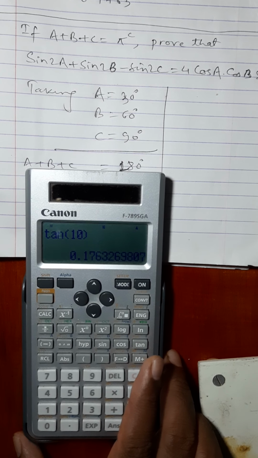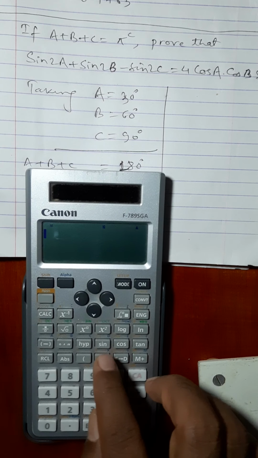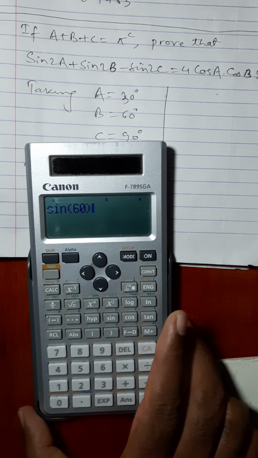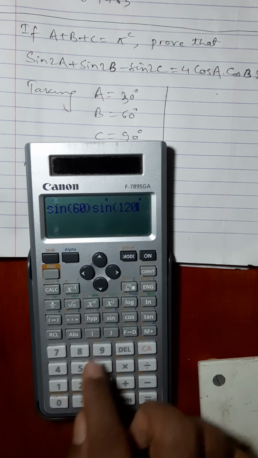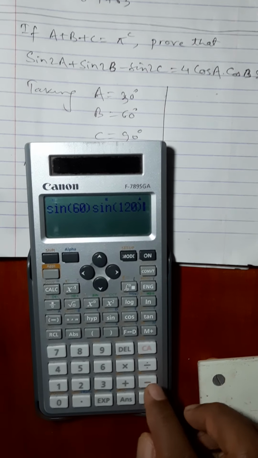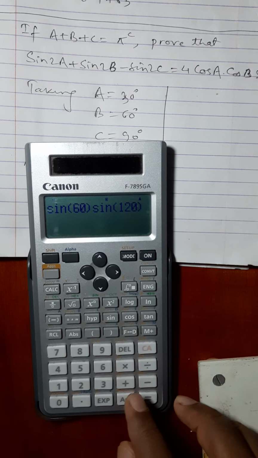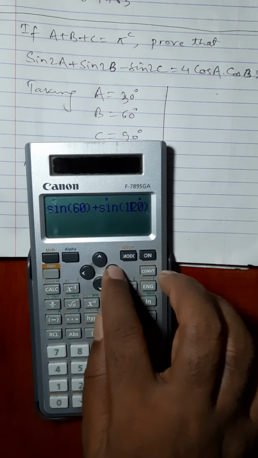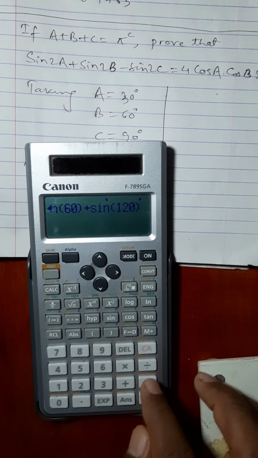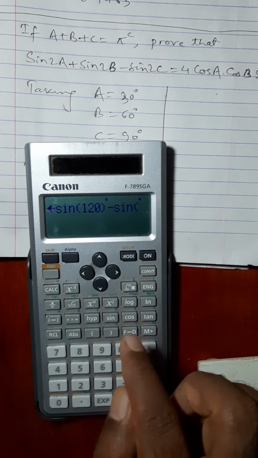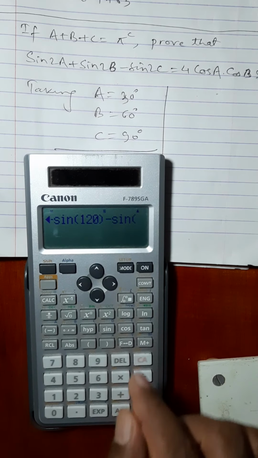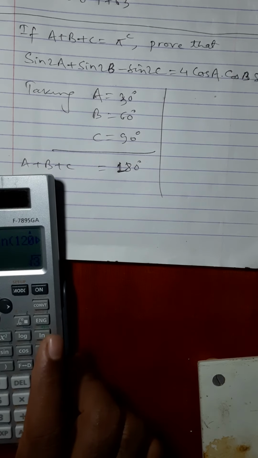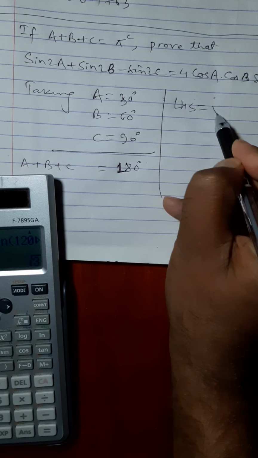Sine 2A with A equal to 30, so I press sine 60 in the calculator, bracket closed, plus sine 2 times 60, sine 120, and minus sine 2C, 2 times 90, that is 180, bracket closed, and we get the value of the left hand side equal to root 3.